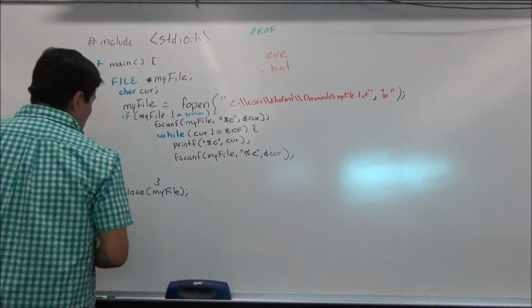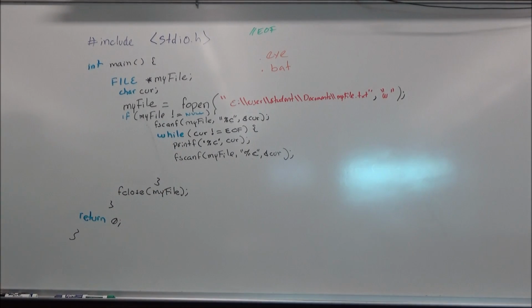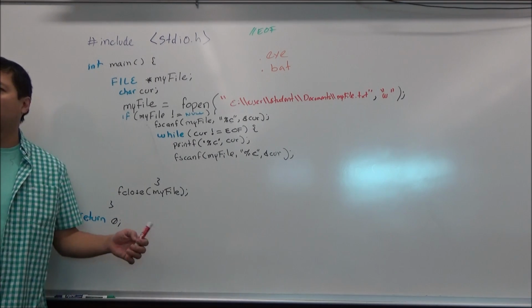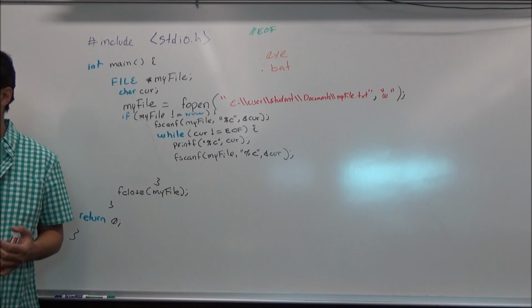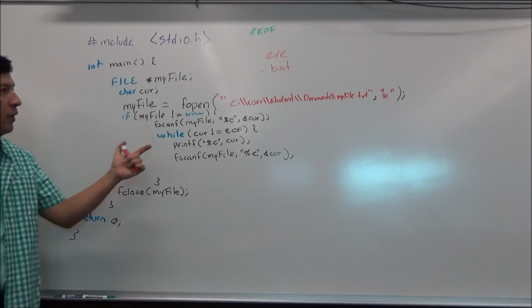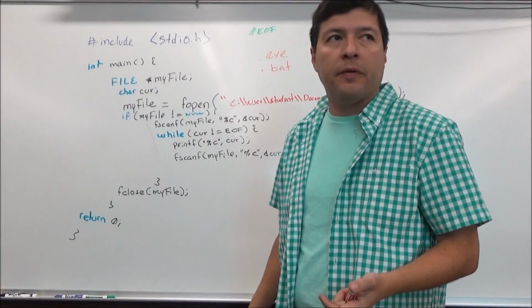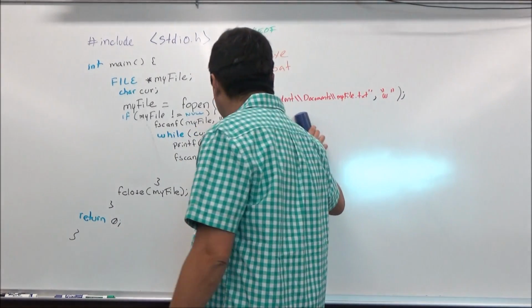And if the pointer is not a null, well, what if it's a new file? Well, the file, if it doesn't exist, it'll create it, right? Otherwise, it'll overwrite it. But if in the path you made a mistake, you won't be able to create it. So it'll return a null. So you still need that part.